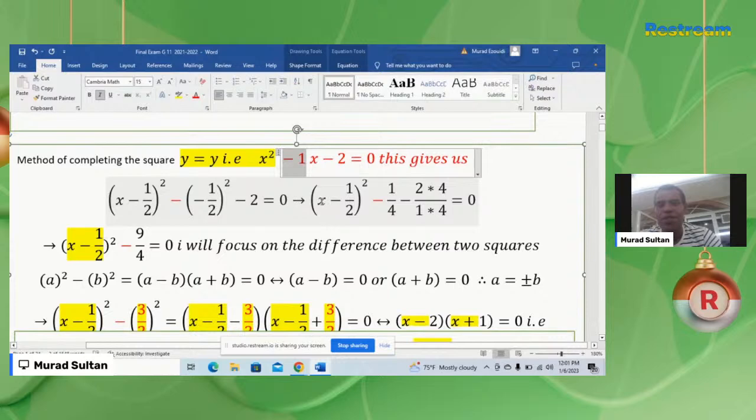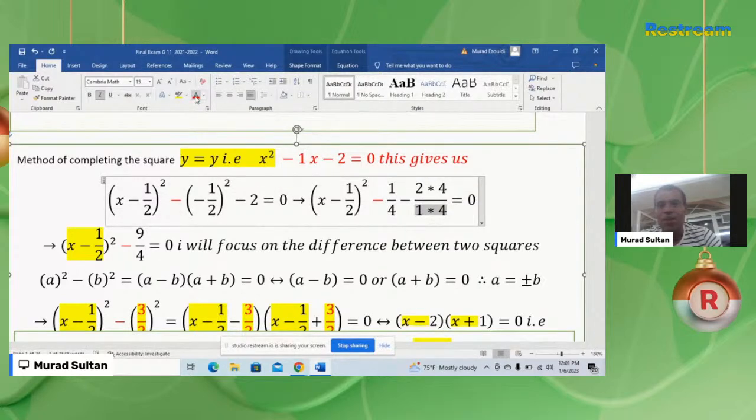This means x minus 1 over 2 all squared, and minus 1 over 2 squared will be minus 1 squared, which is 1, a positive sign, and 2 squared is 4. But the negative sign should be written in front of 1 over 4. For minus 2, you can multiply 2 by 4 and divide by 4 to get the same denominator.